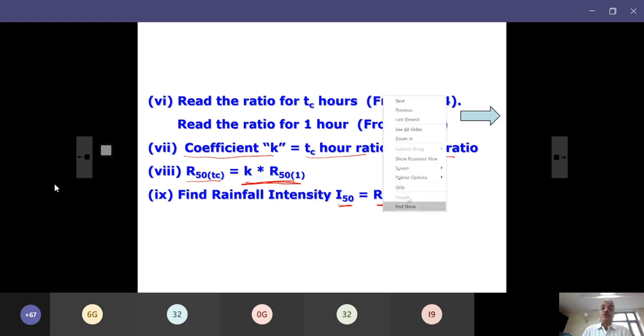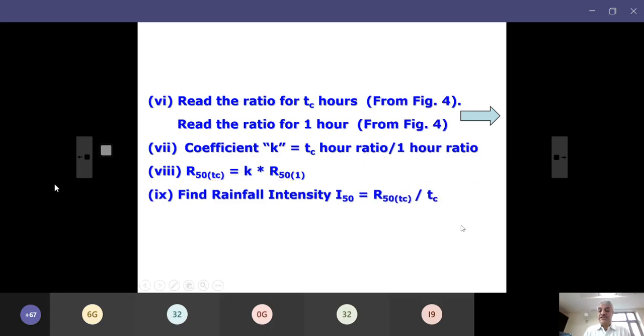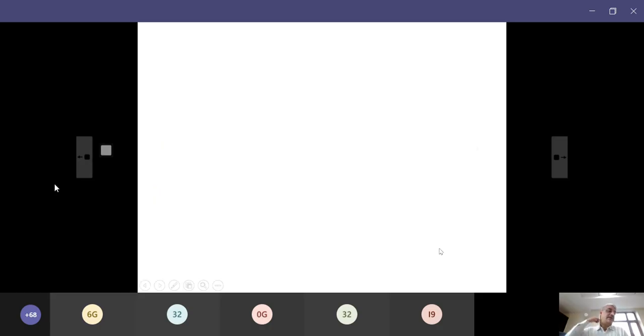So now you have got all the coefficients, put them in this equation, Q = 0.278 C I50 A, all the values you have got, and you will get the Q50 value for a minor size or small size catchment area. Is it clear?